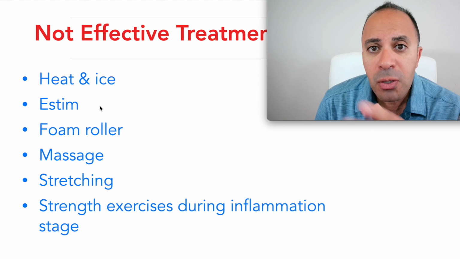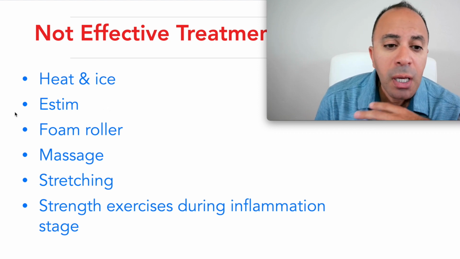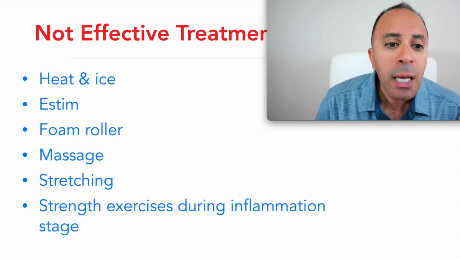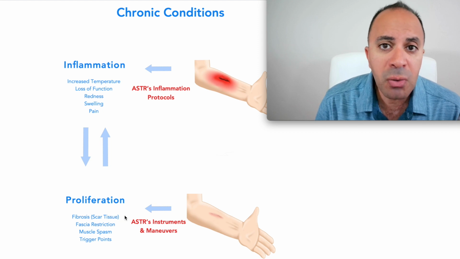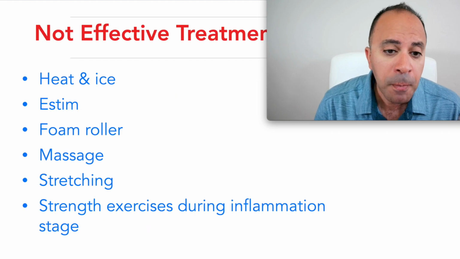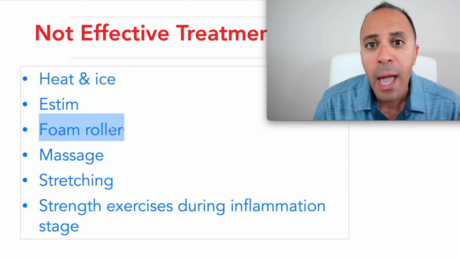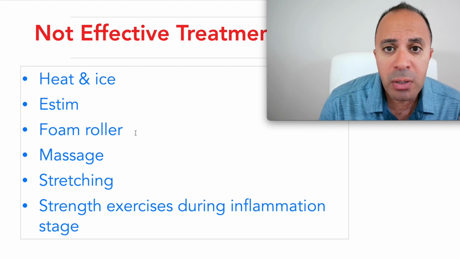The other thing that's used in a lot of clinics is electrical stimulation. It provides temporary pain relief for half an hour to an hour if you're lucky, but does not do anything to inflammation or proliferation, so it's basically masking the symptoms. The other thing used is the foam roller, and based on several studies, it does not provide long-term pain relief.